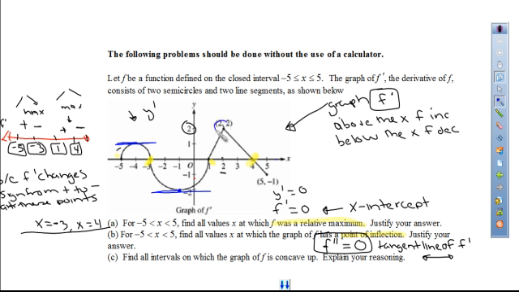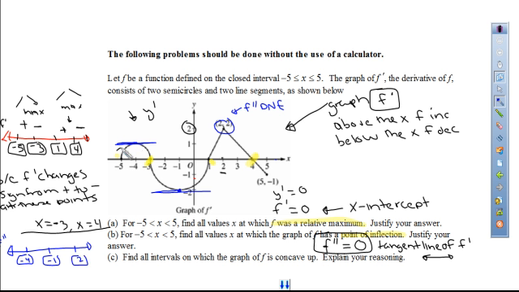And at 2, this is where the second derivative does not exist. These are possible points of inflection.